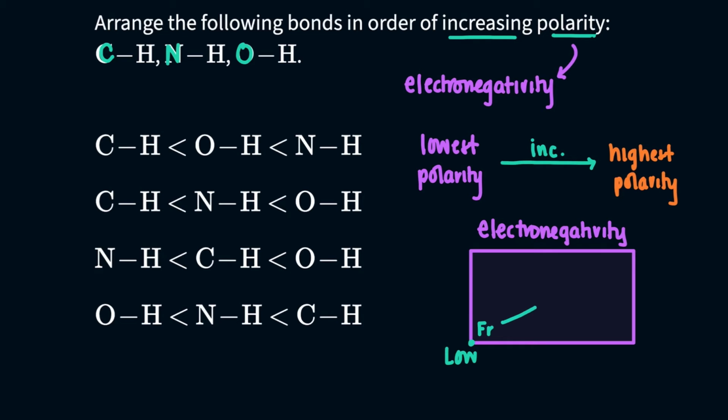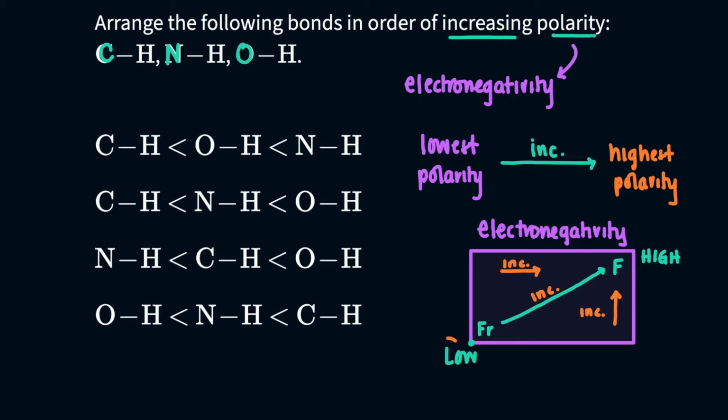From francium is the lowest, going all the way to fluorine is the highest. So as you're going this way, you're increasing your electronegativity. So getting to fluorine via a period would be increasing, and going upward to fluorine would also be increasing in electronegativity.